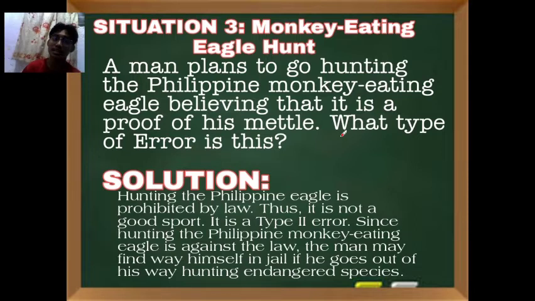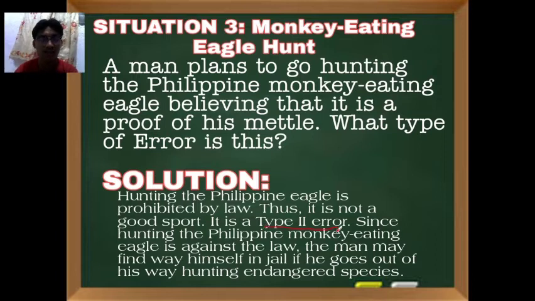Sabihin, hindi hinahayaan ng batas na manghuli ng Philippine eagle, which is our national bird of the Philippines. Thus, it is not a good sport. Hindi kasi wild animal ang eagle. So that means it's not a good sport. Delikado. It's very dangerous. It is a type 2 error.